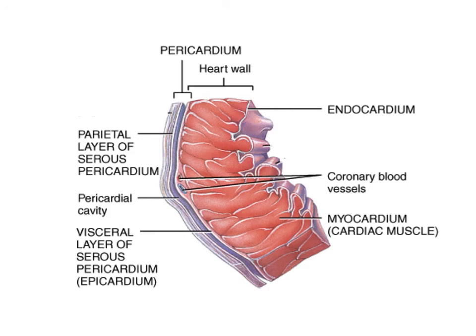The pericardium here you can see consists of parietal layer and visceral layer, and between the two layers there is pericardial cavity. The visceral layer is called epicardium, and we can see also the myocardium and endocardium. The three layers, endocardium, myocardium, and the visceral layer of the pericardium, are the three layers of the heart wall.